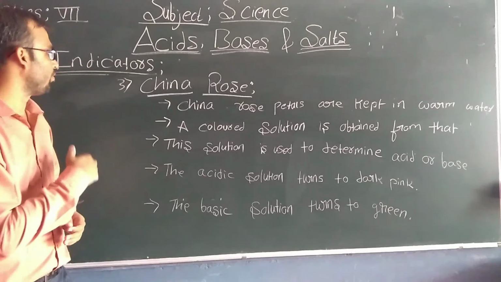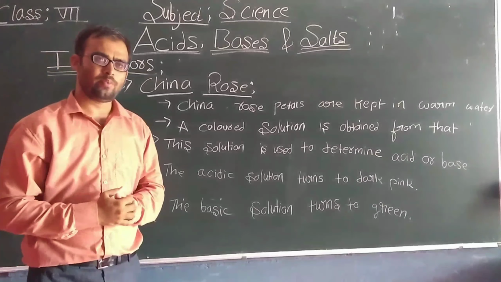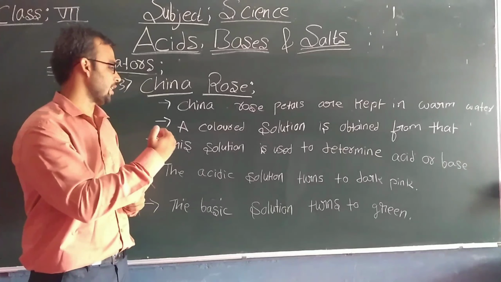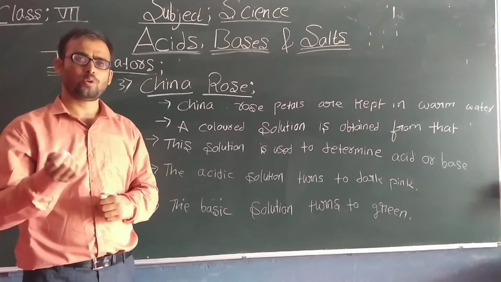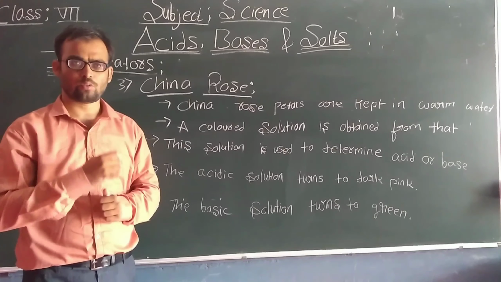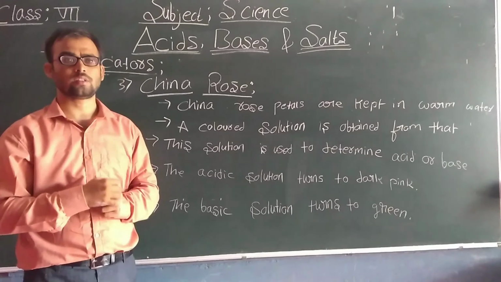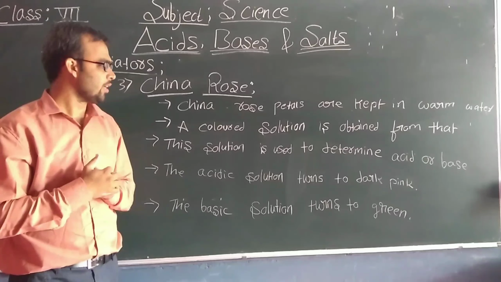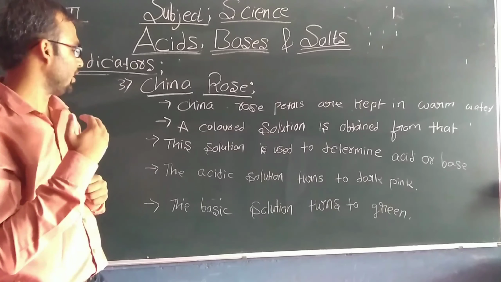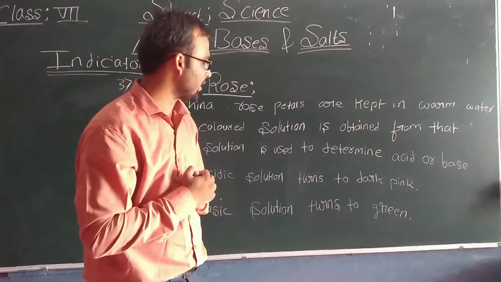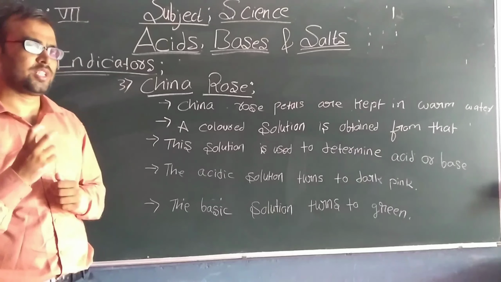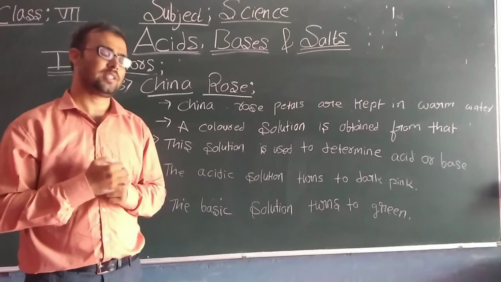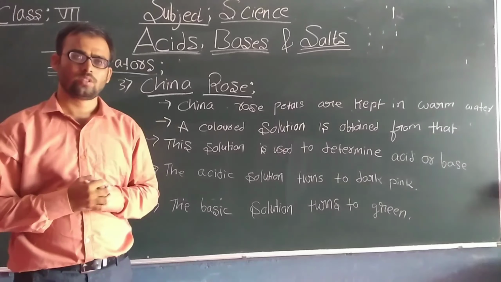Like this, with the help of China rose, we can determine whether the substance is acid or base. When we put colored water in a substance, if the color turns to dark pink, then the solution contains acid. And if the color changes to green, then the substance contains bases.